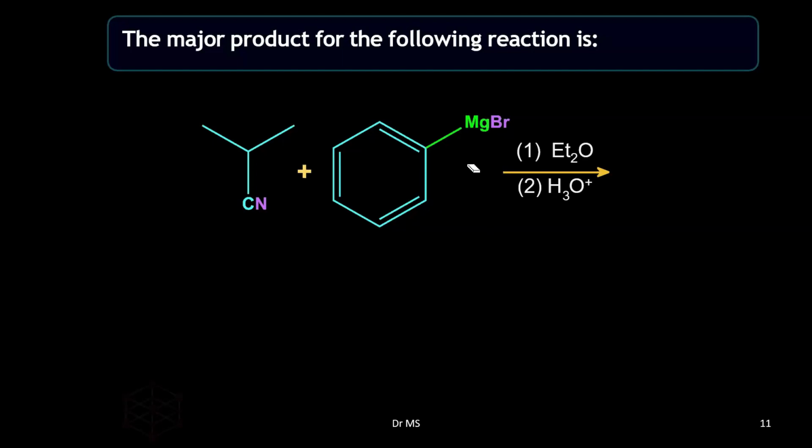So from this, you can know what this reaction is: preparation of ketones from nitriles. So how does this reaction happen? I'm quickly drawing it. Just check whether you understood or not. If you have any doubts, please ask me. I'll explain the mechanism again.